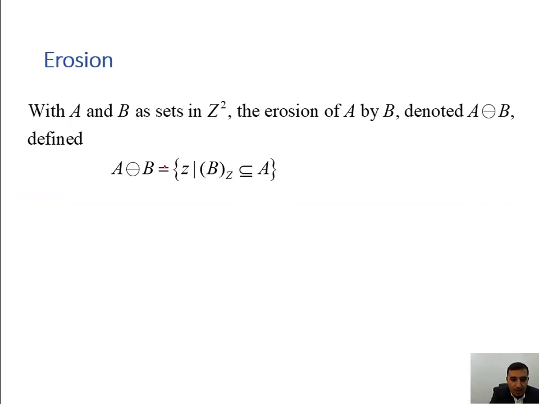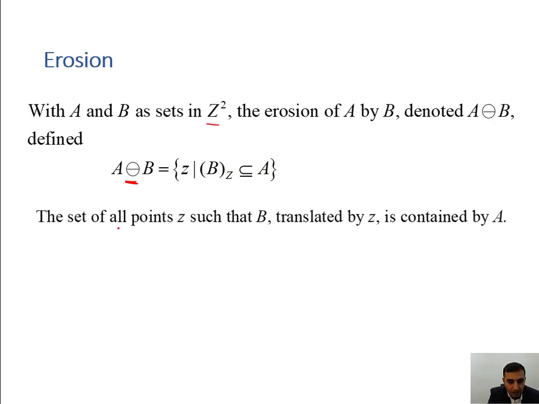Now, first of all, what is erosion? Erosion is defined with sets A and B in Z squared. The erosion of A by B is denoted as A eroded by B. All of B should be included as part of A. So it is the set of all points Z such that B translated by Z is contained in A. So as we move B through A, all the points that include B in A should be included in the final image.